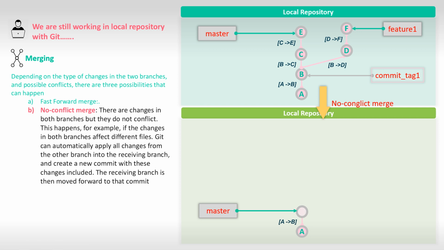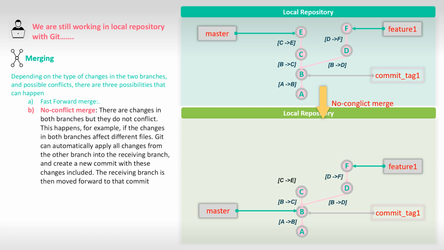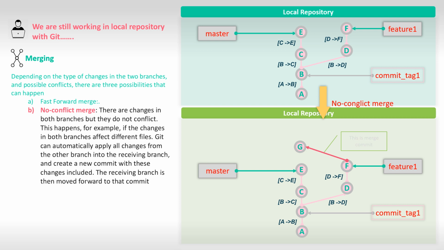A and then B as usual, then here the diversion remains the same, then D and F, whereas on the other side C and then E. But what happens with the no conflicting merge is that these two will be considered as one commit, and it will be committed as a new commit. We call this new commit a merge commit.